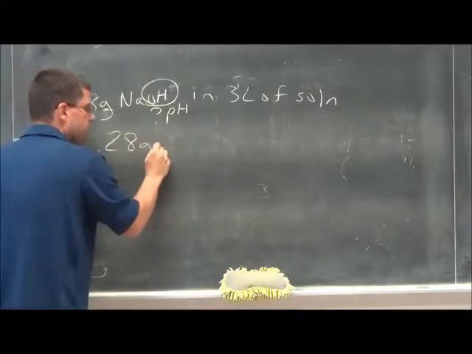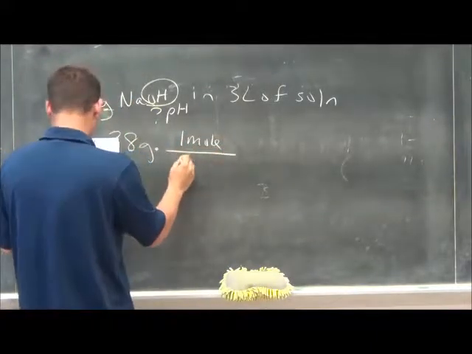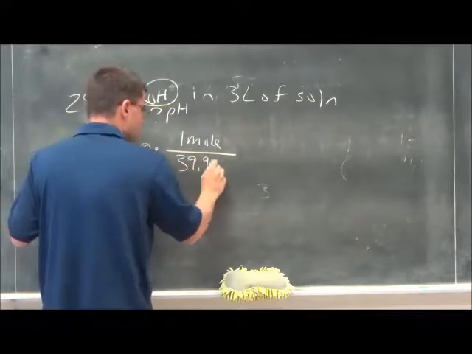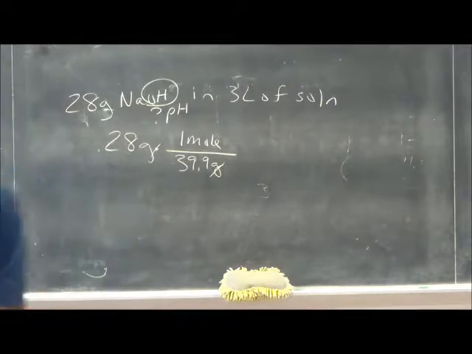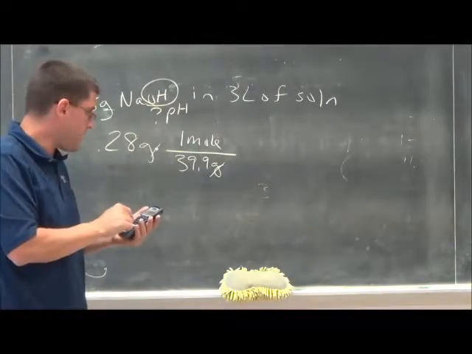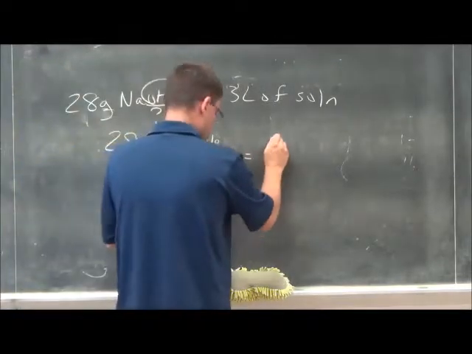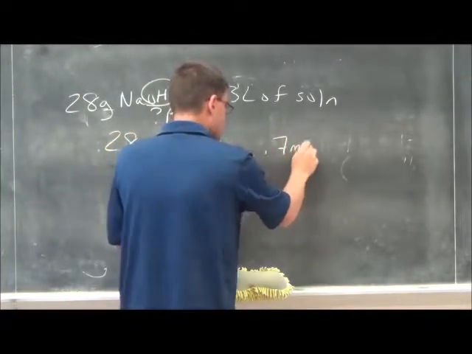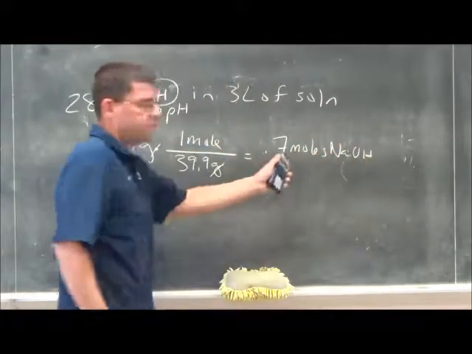You're given grams. 28 grams times 1 mole over the molar mass, which is going to be 39.9 grams. 28 divided by 39.9 gives 0.7 moles of NaOH. That just gets me moles.